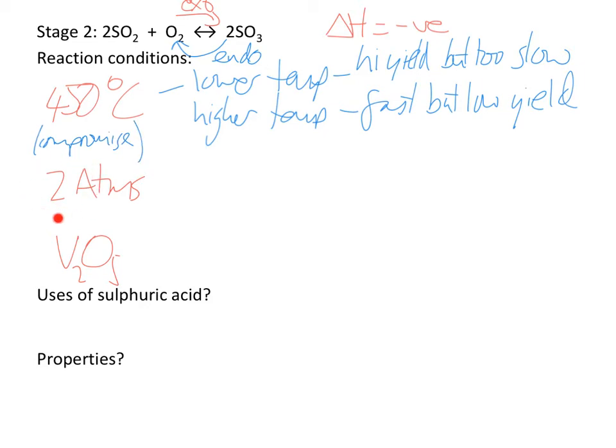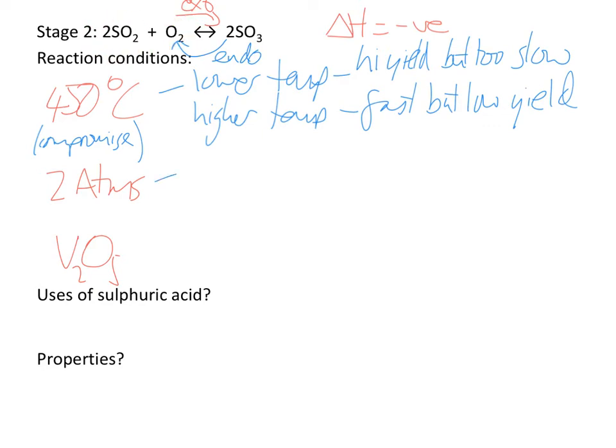Now, why do we use 2 atmospheres pressure? In other words, double atmospheric pressure. Well, increasing the pressure in a reversible reaction shifts the equilibrium position towards the side of the reaction with fewer gaseous molecules. And in this reaction, we have 2 gaseous molecules on the right and 3 on the left.